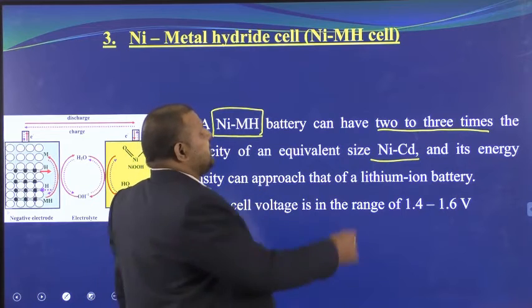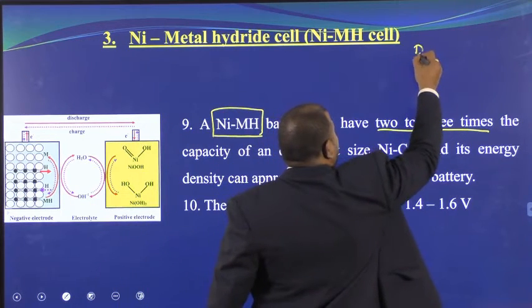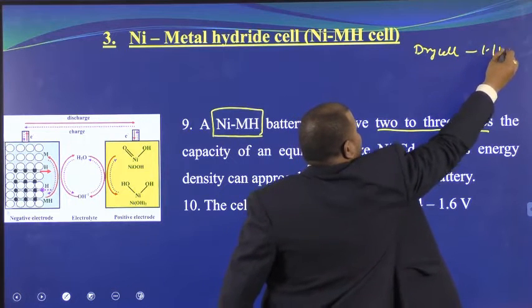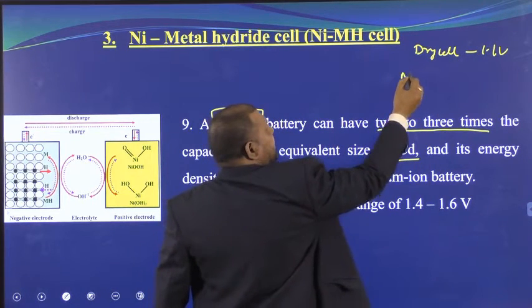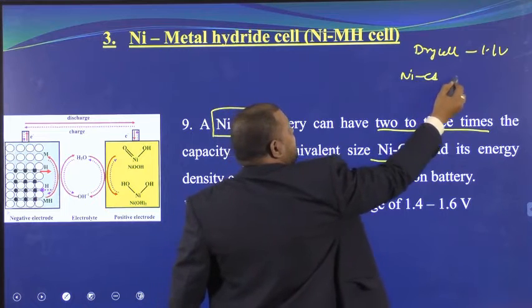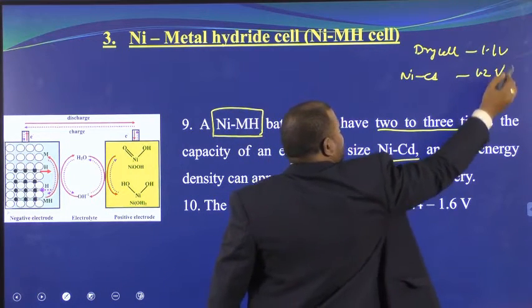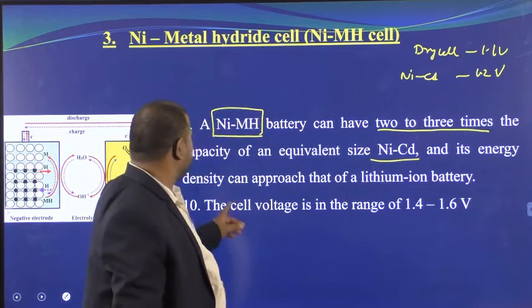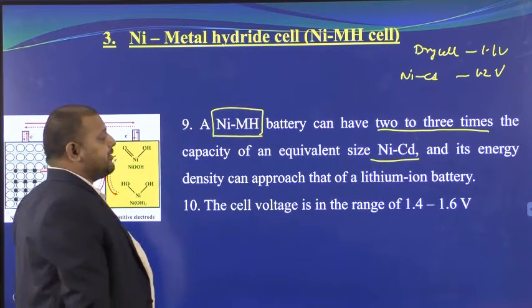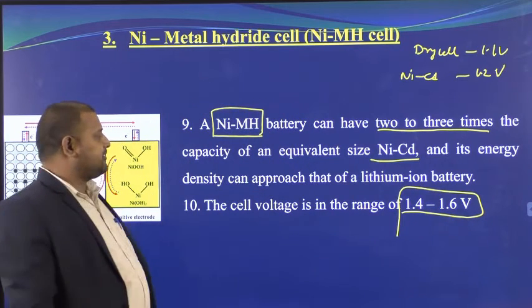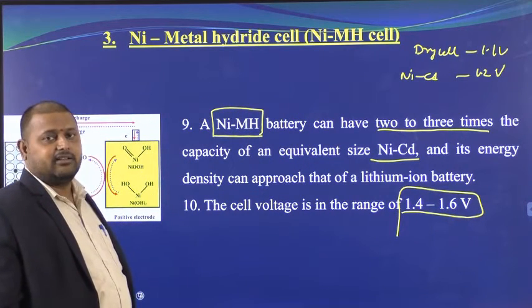Remember that. Again, I am writing dry cell. How much? 1.1 volt. Next one is nickel cadmium cell, 1.2 volt. And if you come to this nickel metal hydride battery, it is 1.4 to 1.6 volt. Clear?